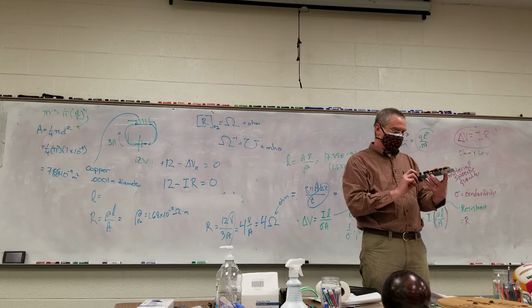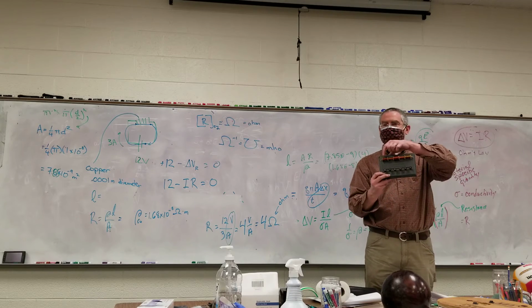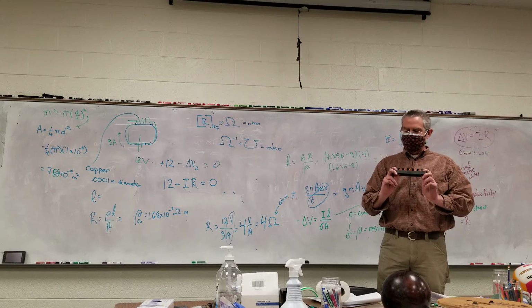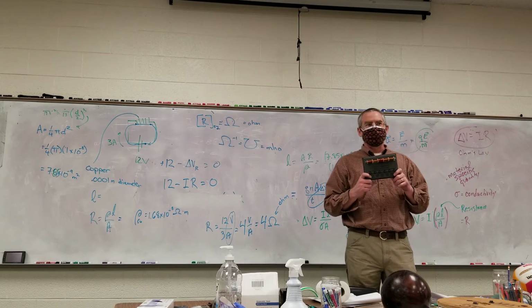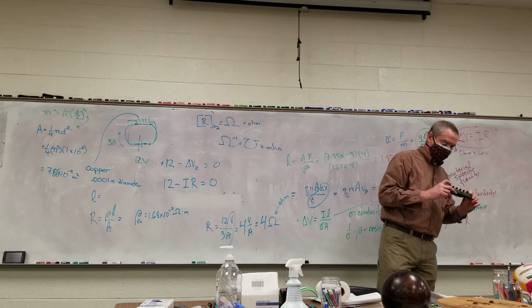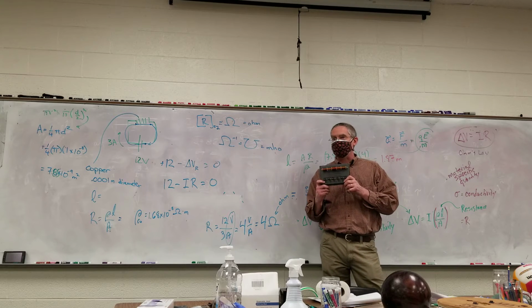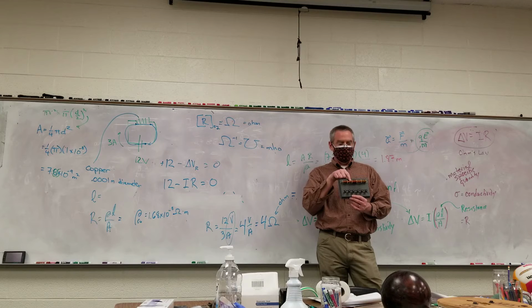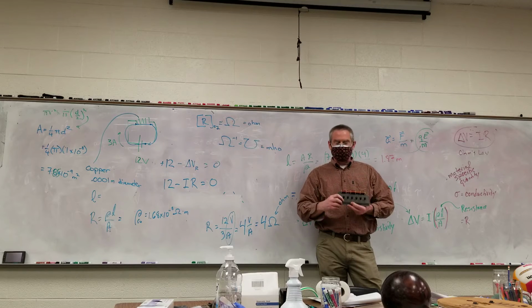Or, in this particular case, this is 10 meters right here, of number 22 B and S copper. B and S is a standard. Number 22 tells you basically the thickness. Then we have number 28 here, which is even thinner. And so it tells you the number on there.